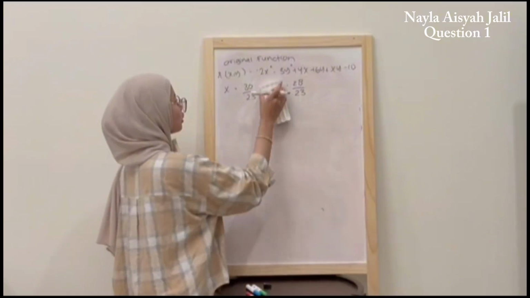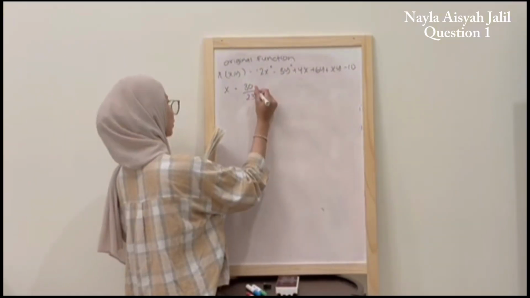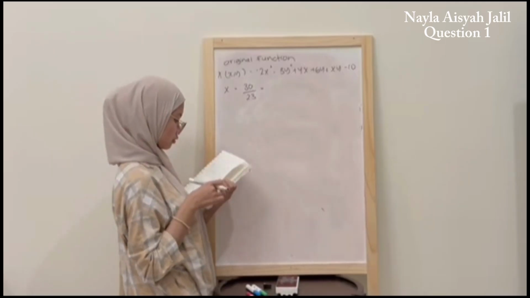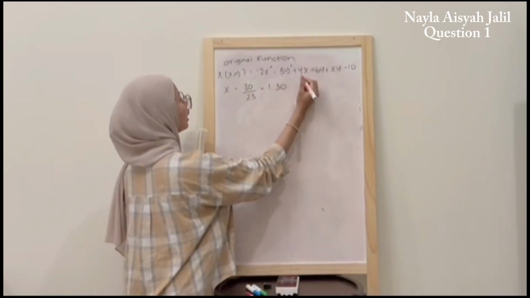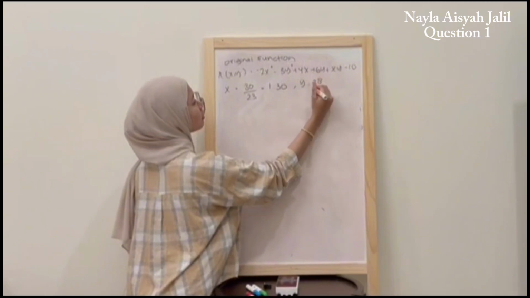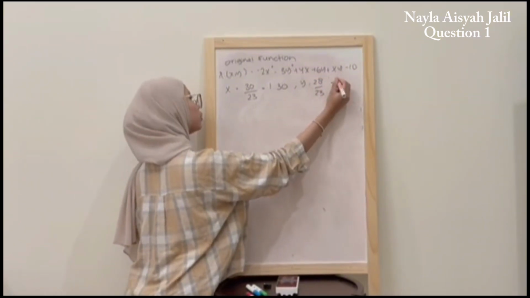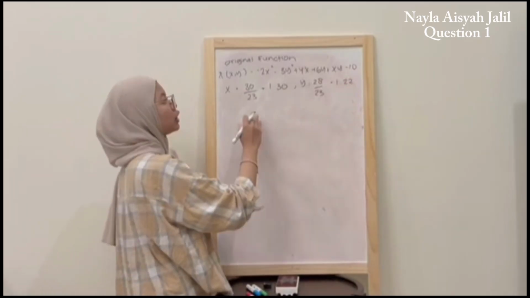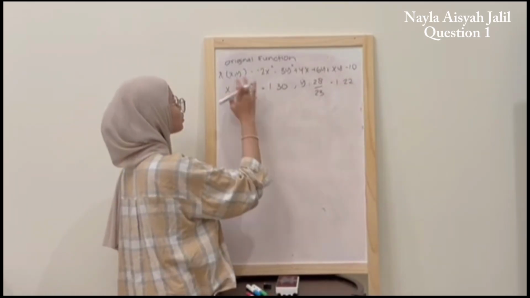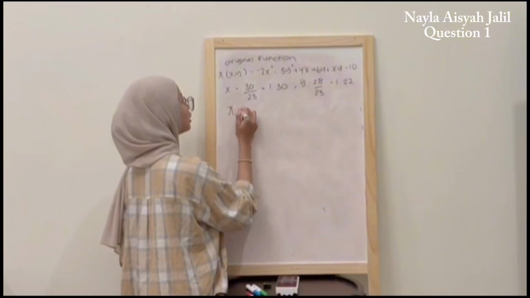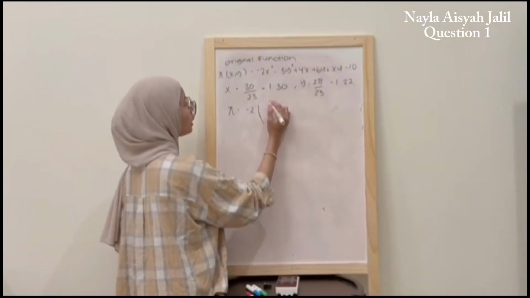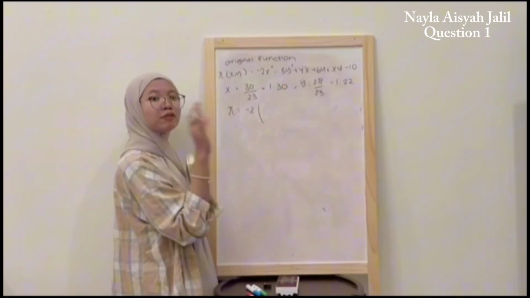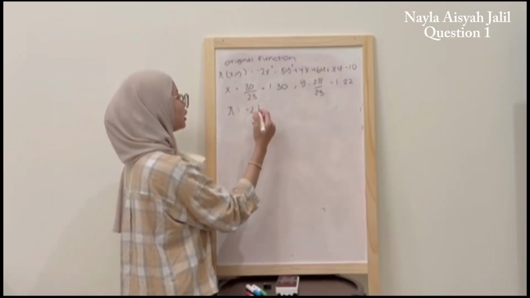For x it is 1.30, and then for y, 28 divided by 23 equals 1.22. So substitute the x and y values into the original function, minus 2. For the original function, we input fractions to avoid rounding error in the calculation.